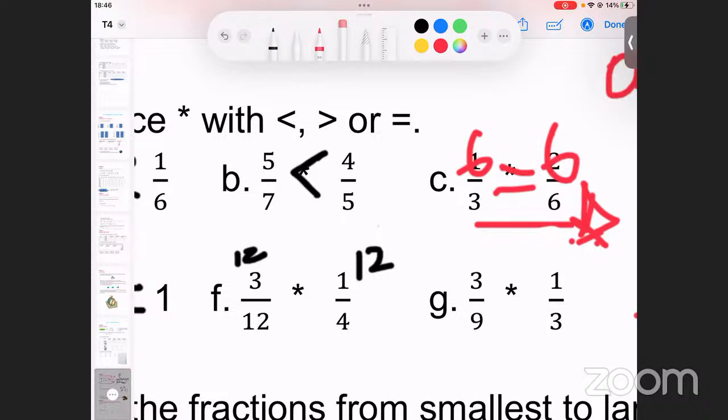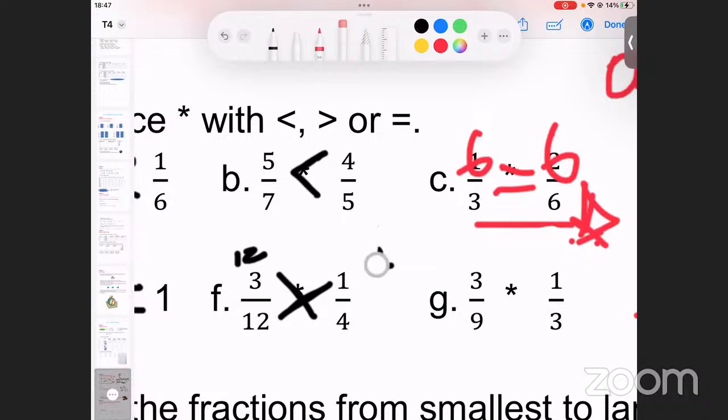So on my calculator, I'm going to put 3 times 4, which is equal to 12. Then I'm going to put 12 on top of the 3.